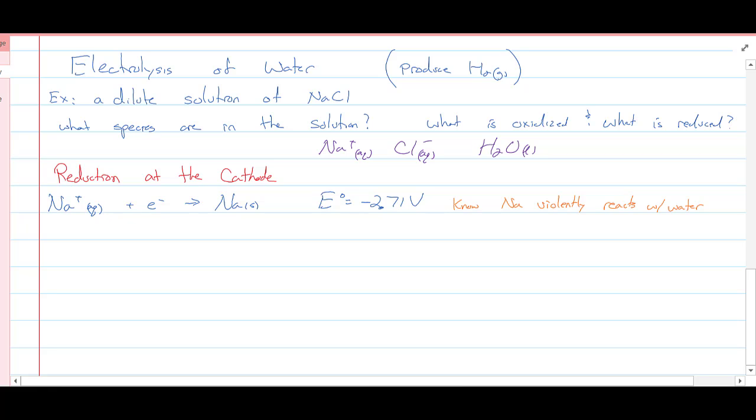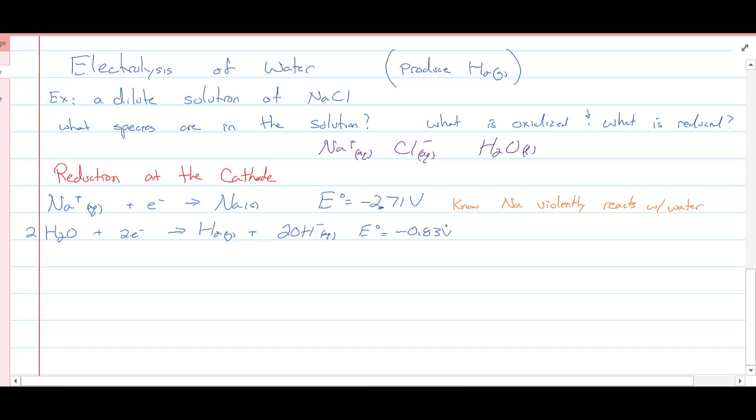What's the other option we have at the cathode here would be water. And we look it up, it's 2H2O plus 2 electrons going to H2 gas plus 2OH-. And that standard cell potential would be negative 0.83 volts.